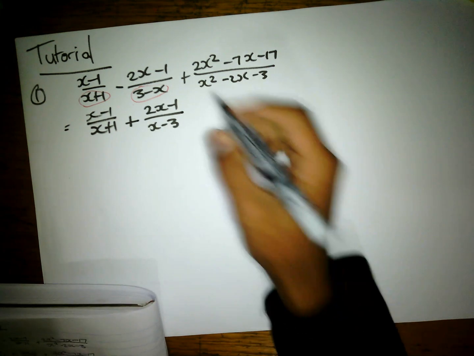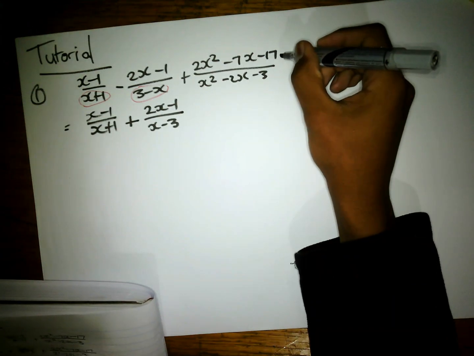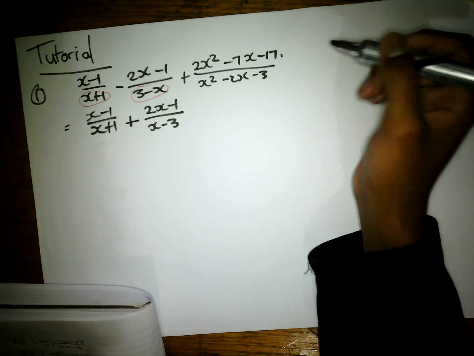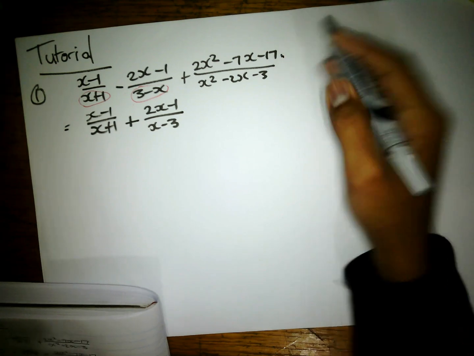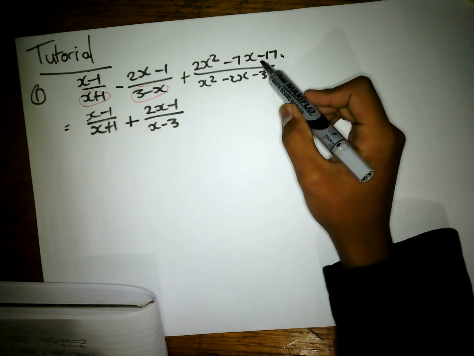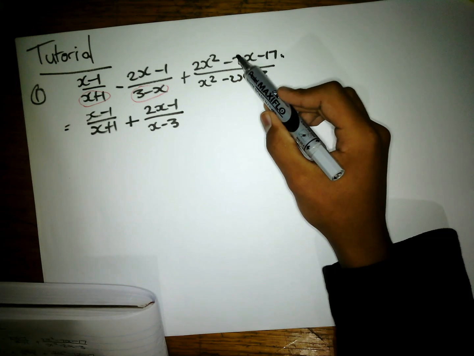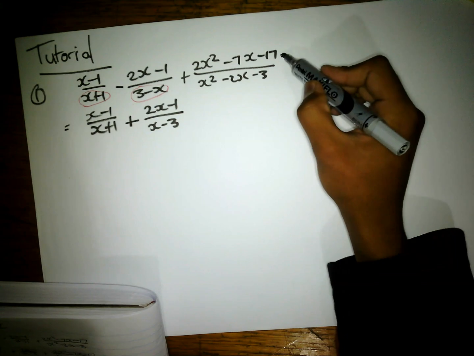Then when we look at the numerator of the last fraction, we can't factorize this, because for me personally, when there's a negative and an uneven number, it's difficult to factorize, and normally we can't. So we just leave it as it is.